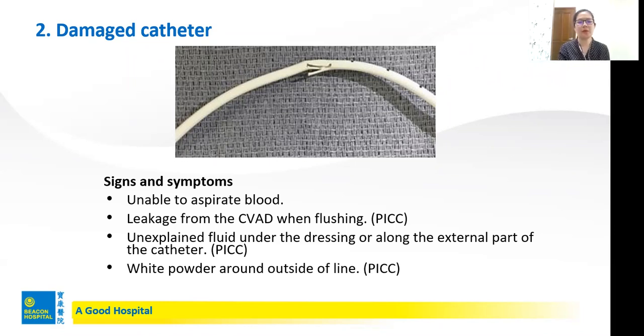And sometimes you also find some white powder around or outside your catheter. This is because you did not realize the leakage or the wetness, and the white powder is the dried-off chemotherapy. So you can suspect that there might be some leakage or damage of the catheter.